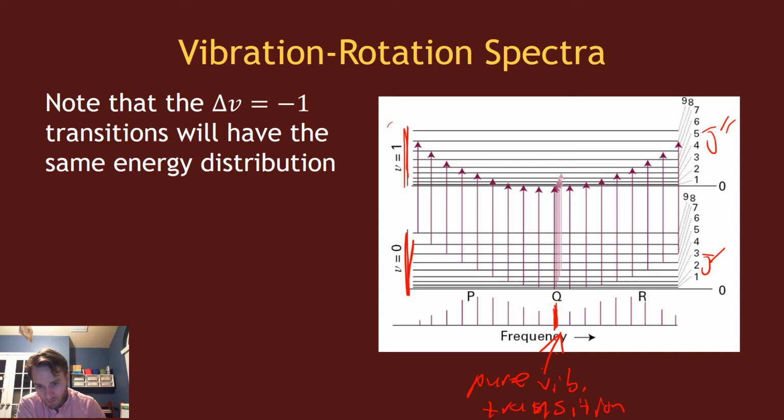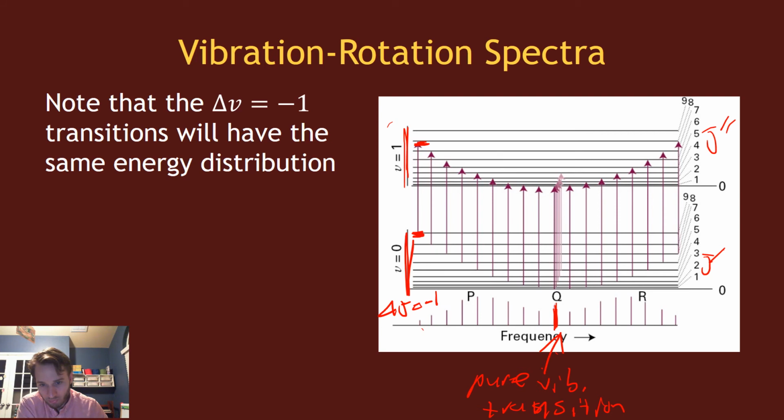Okay, and then again, the P branch is when delta J is equal to -1. So you see here, for example, I'm at the highest J state on this very left peak, and I go to the second highest J state when I go up in the vibrational state, okay?